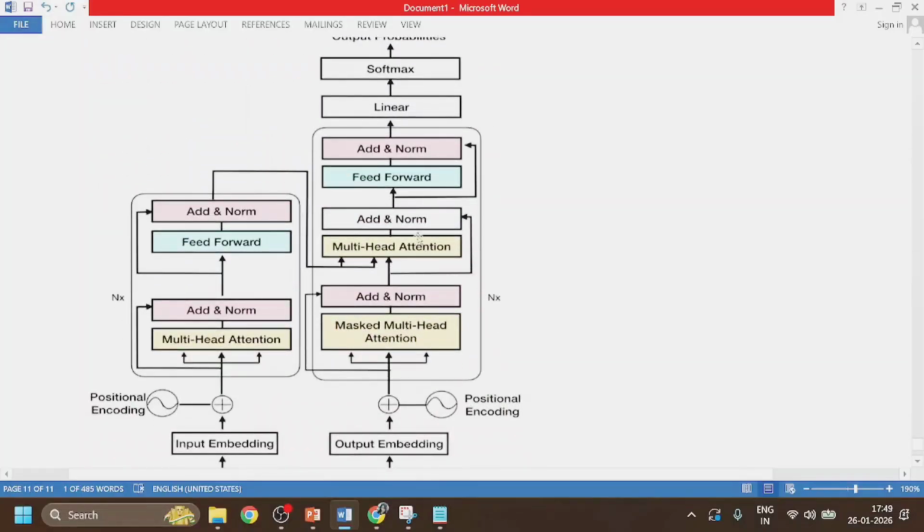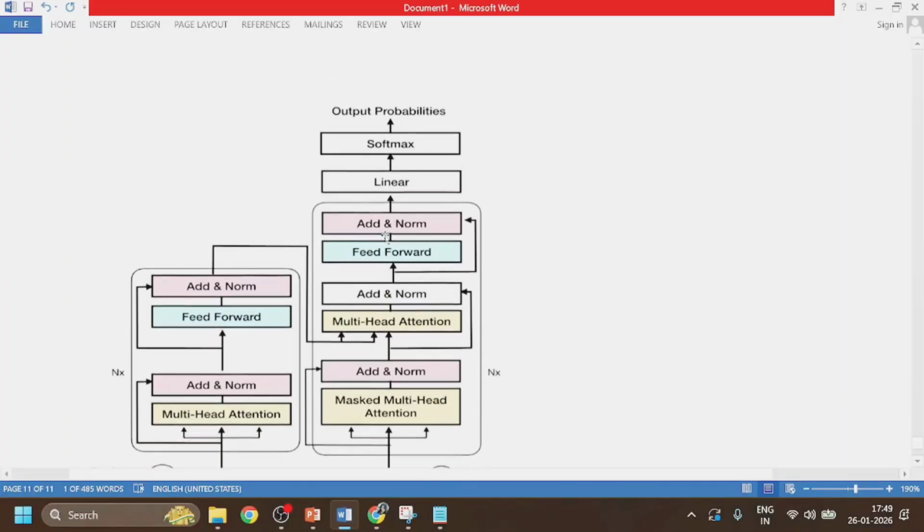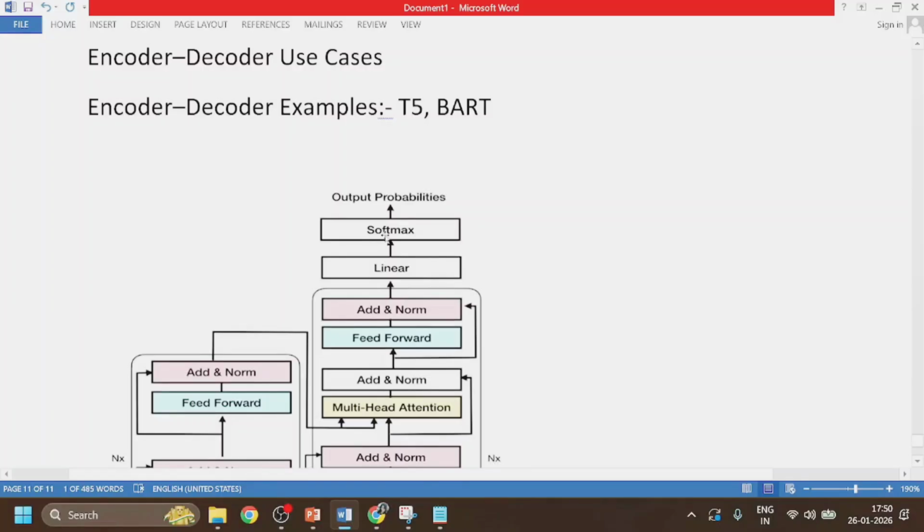This one, masked self attention, in the encoder and encoder decoder part. Their strength is text generation. Okay, so they will generate the text.